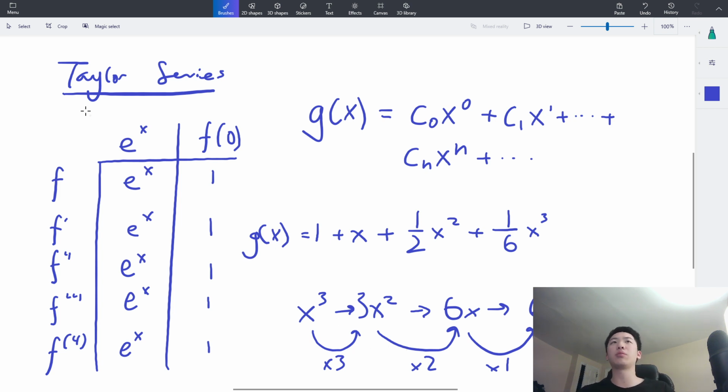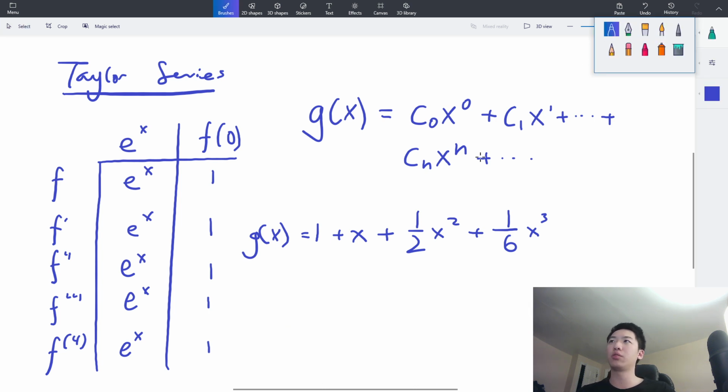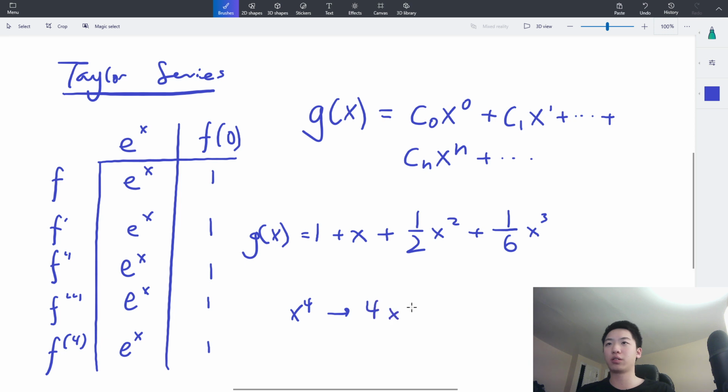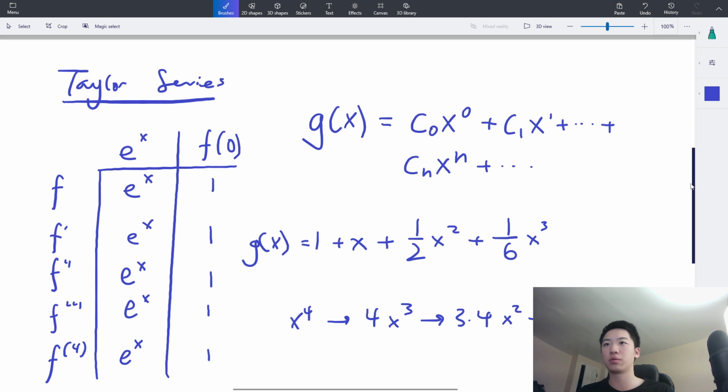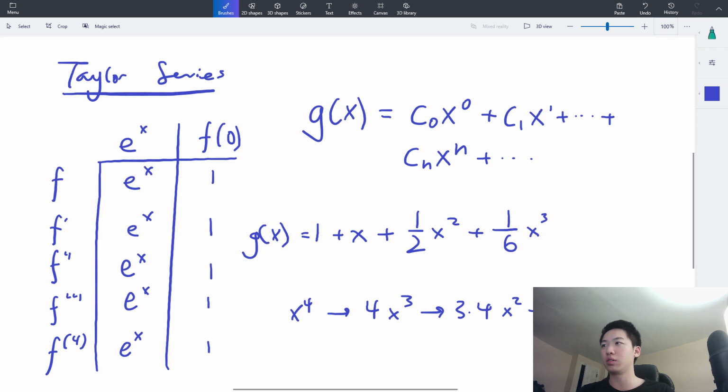And then the next pattern, you can probably guess it. What's it going to be? Well, x to the 4th, we go to 4x to the 3rd, goes to 3 times 4, x to the 2nd, and then we go to 2 times 3 times 4, x to the 1st, and then it becomes 1 times 2 times 3 times 4 is our answer.